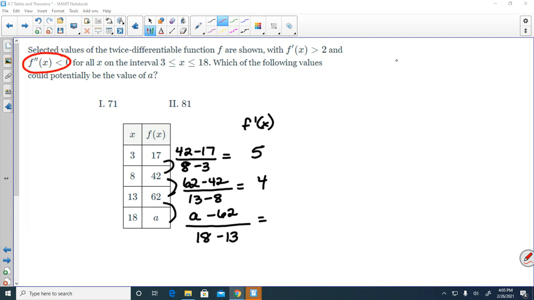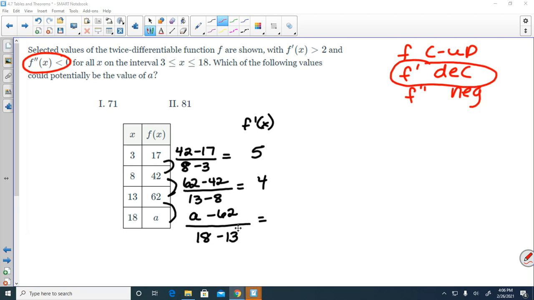So remember, you're used to seeing this: f is concave down, f prime would be decreasing, f double prime would be negative. Okay, so when f double prime is negative, then I know that f prime has to decrease. So I know that this number right here needs to be less than 4. So my f primes need to keep decreasing. I also must be less than 4.